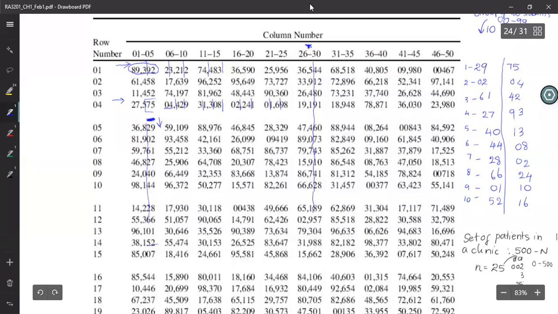What is the sample size? 25, right? Now let's try to write down these 25 patients. Here's my sample of 25. Sorry about the mess. 1, 2, 3, 4, 5, 6, and so on.